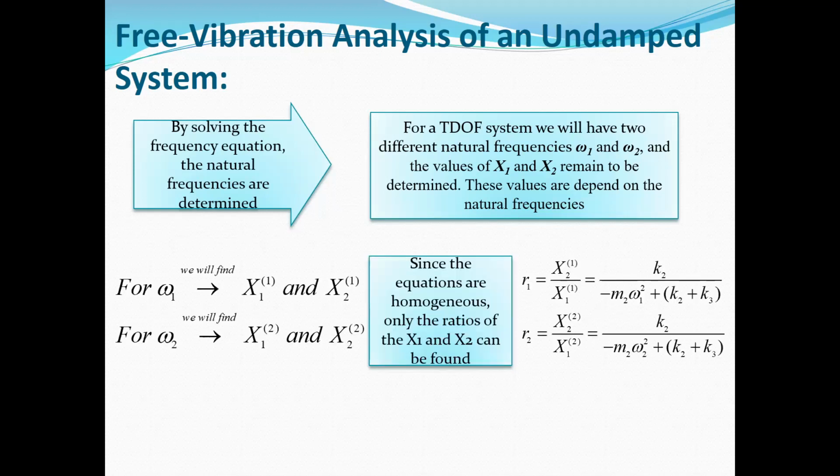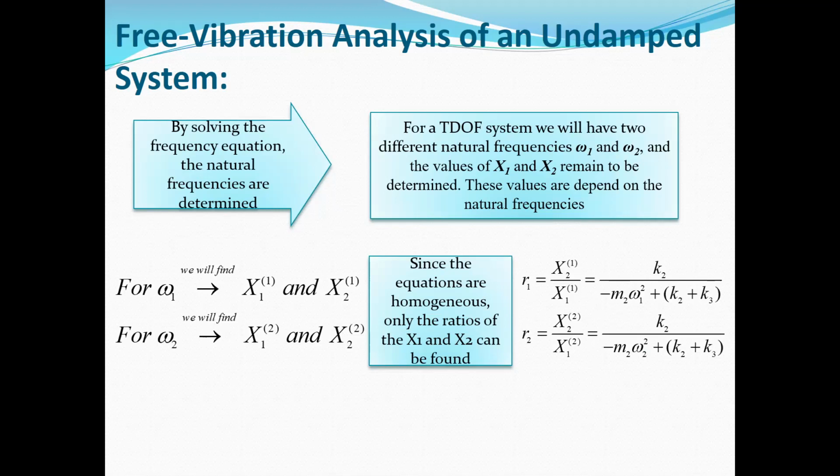And for each natural frequency, we can obtain one mode shape, exactly similar to the mathematics when you deal with an eigenvalue problem. When you obtain the eigenvalue, for each eigenvalue, you obtain one corresponding eigenvector. Exactly the same scenario happens here.